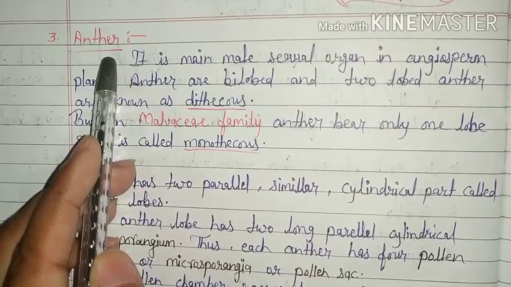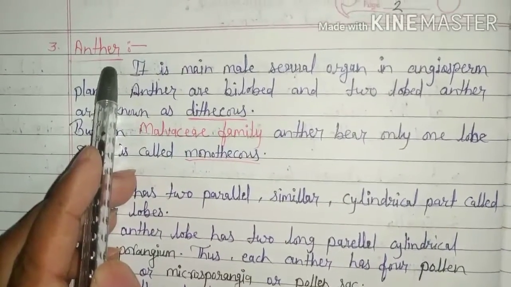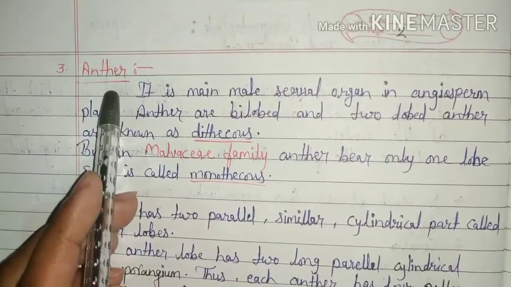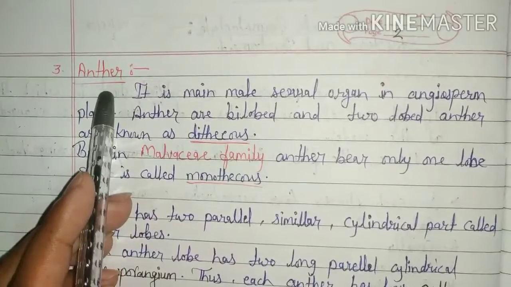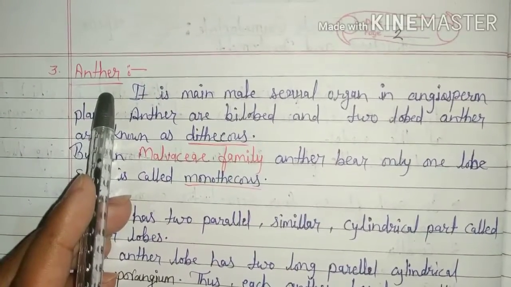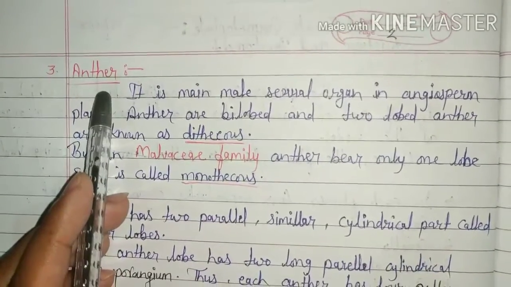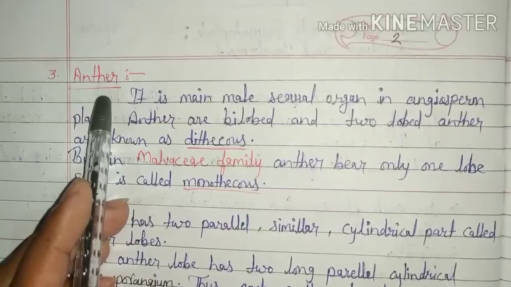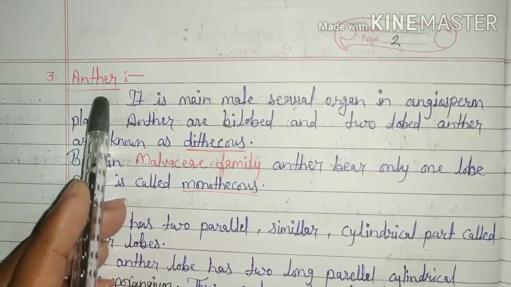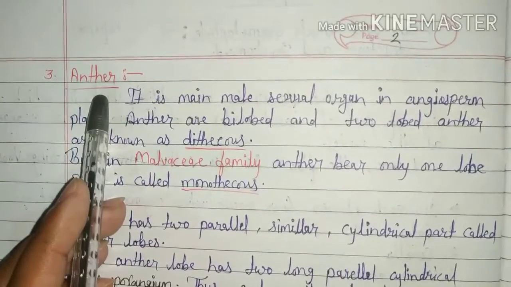This type of anther is known as dithecous due to the presence of two lobes. But in the Malvaceae family, anthers are in monothecous condition. That is, the anther bears only one lobe, with only 2 microsporangia or 2 pollen chambers.